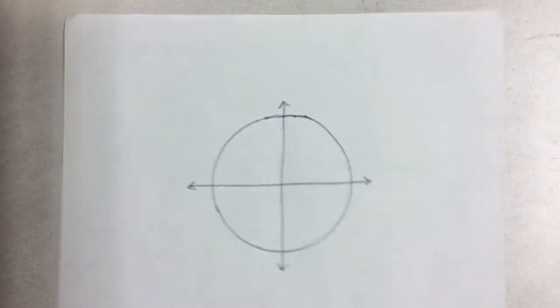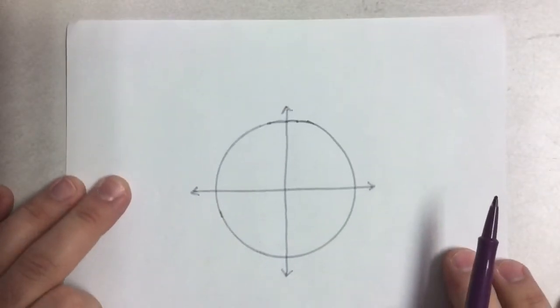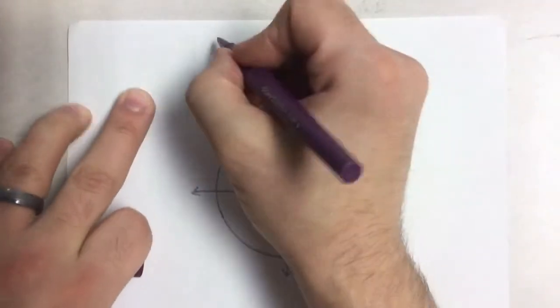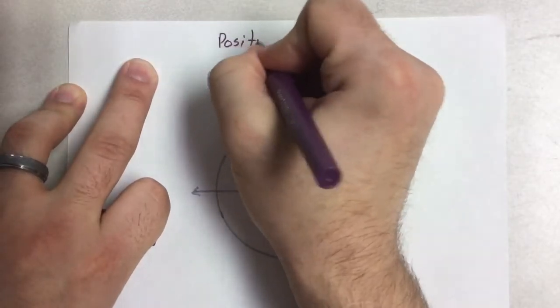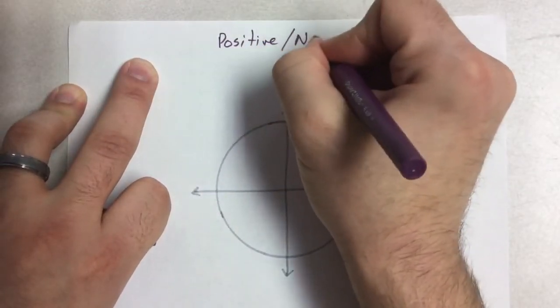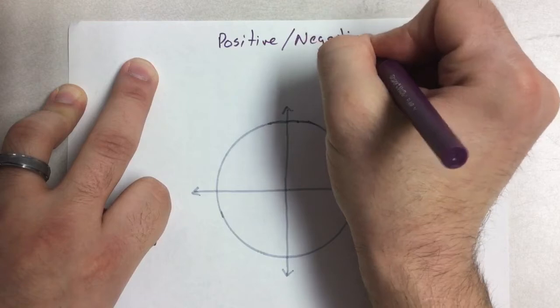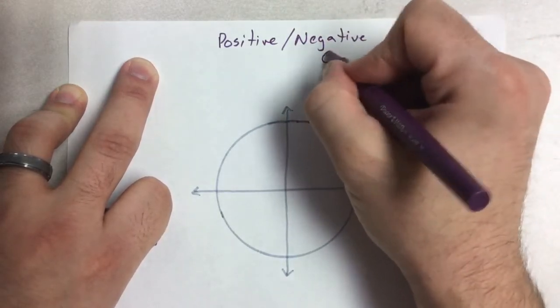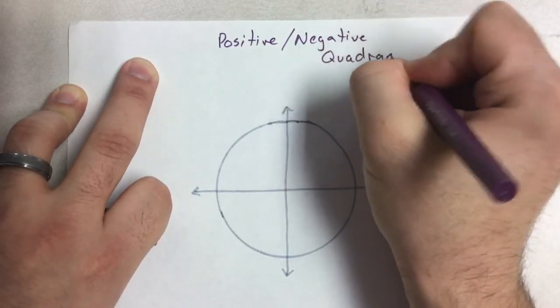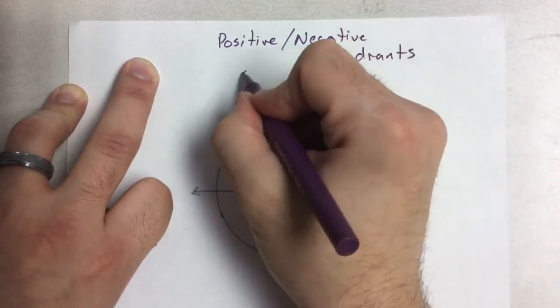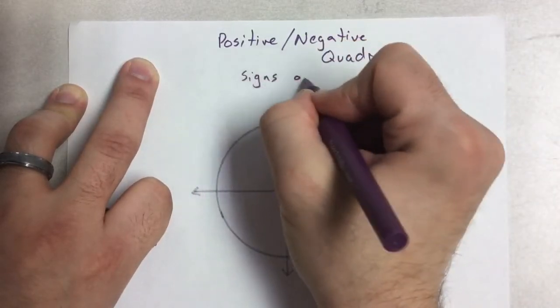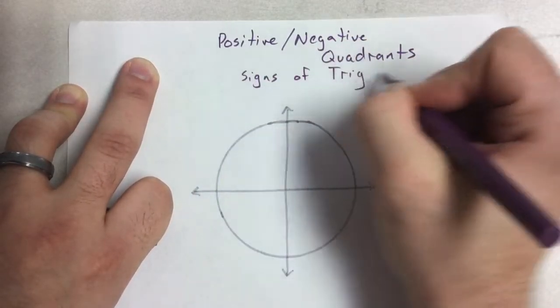We're just summarizing, so we're going to title this last section to summarize positive, negative quadrants. So signs of trig functions.